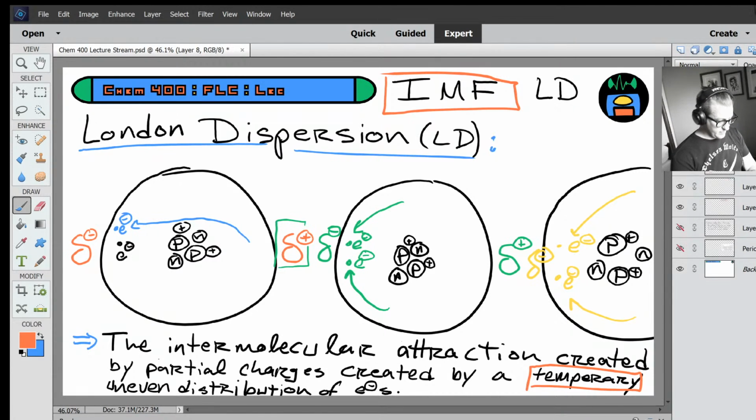Remember, this electron does not want to be close to the other. When we unpause this thing, what's it going to do?